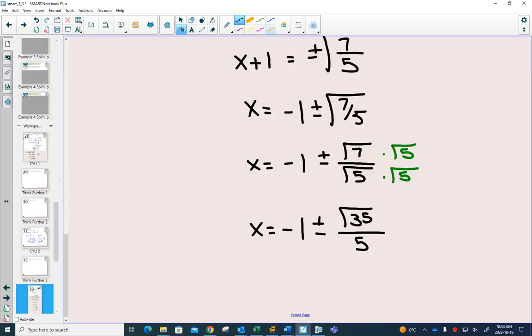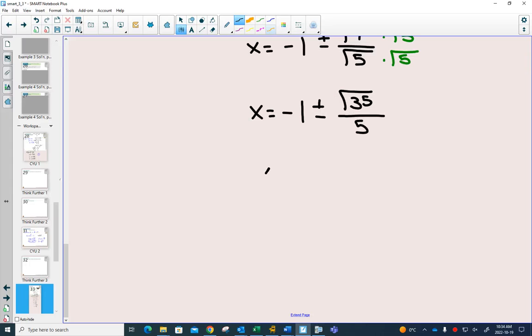And right now, this is a number plus a fraction, so we should combine these by getting a common denominator. Can you see that 1 would be 5 over 5? And so the proper way to write this answer would be negative 5 plus or minus the square root of 35 all over 5.